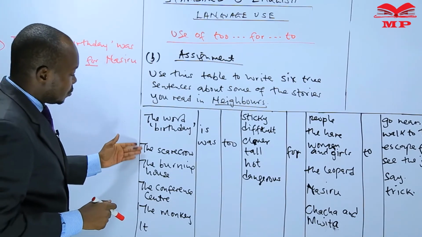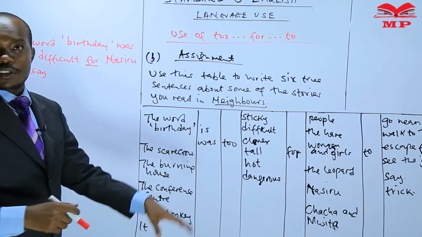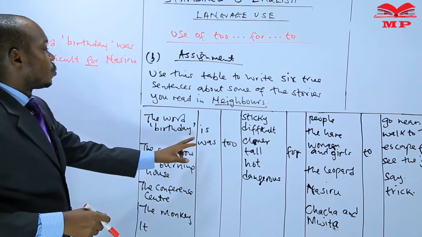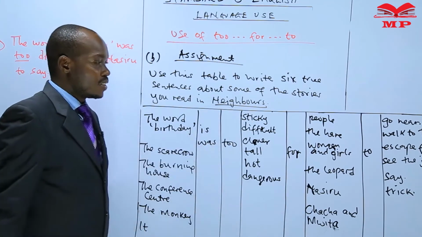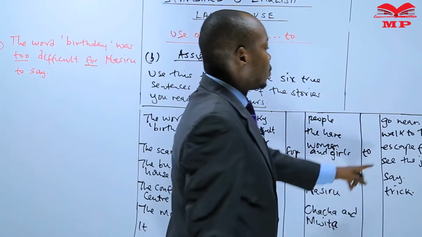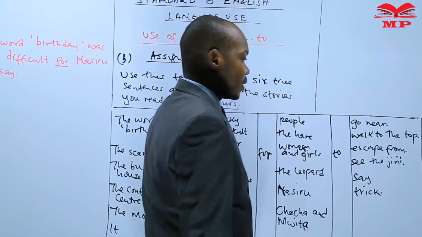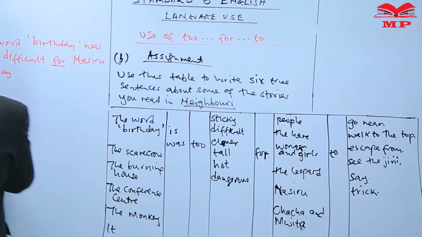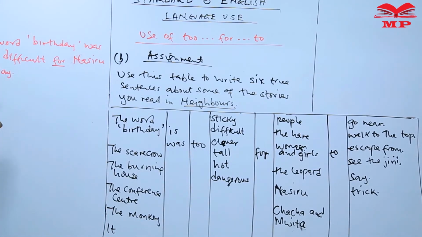Then you have number 2. Remember the story of the scarecrow. You can say the scarecrow was too sticky for the hare to escape from. Okay? So number 2, let me just give you the second example.